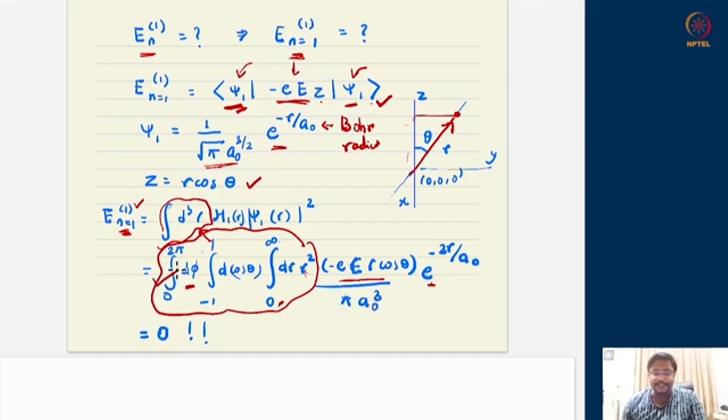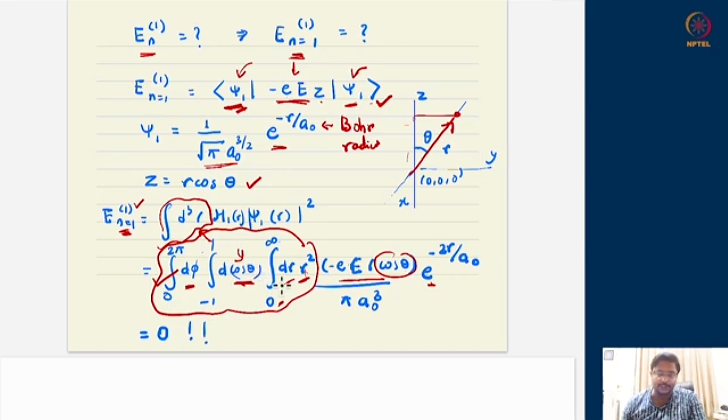The d phi integral is easy to do because nothing depends on phi. I will just get a 2 pi out of this integral. Contributions will come only from the cos theta integral, because there is a cos theta in the Hamiltonian, and the dr integral, because the functions depend on r. However, before going to the r integral, let us do the d cos theta integral. You can call cos theta as y.